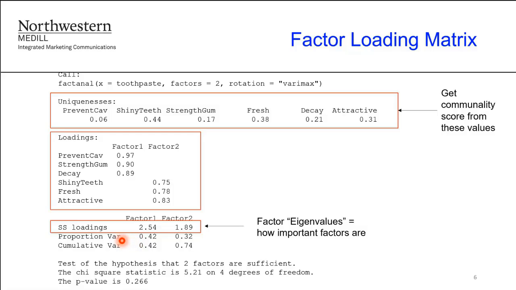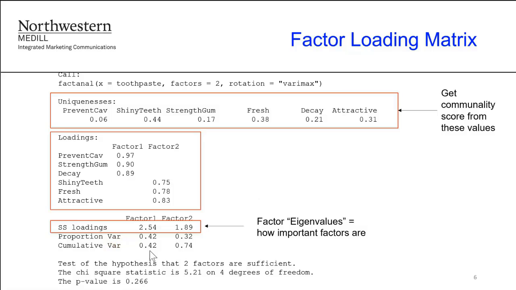We can say that 42% of the variance in the data is explained by factor 1, and 32% of the variance in the data is explained by factor 2. So with the proportion variance, we can see how much variance in the data is explained by each factor.